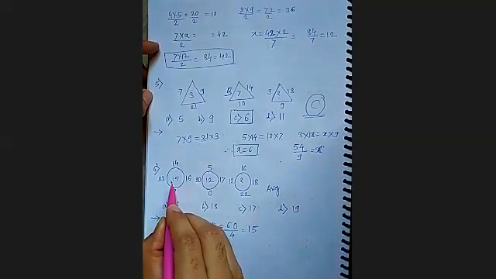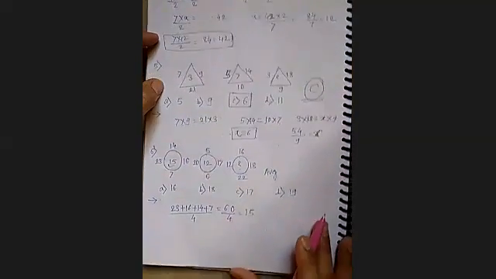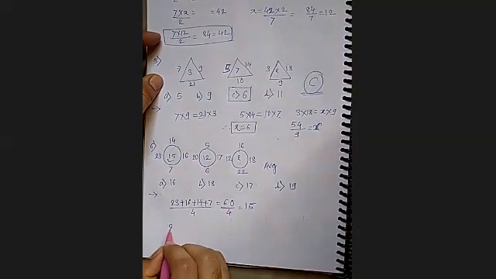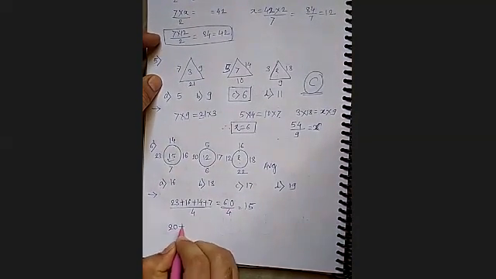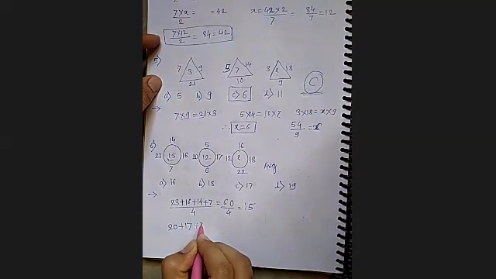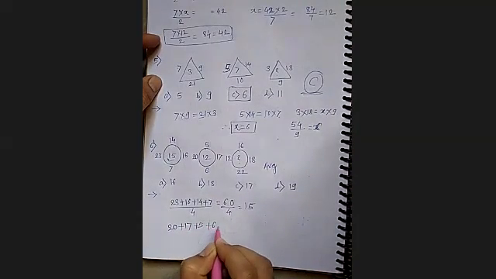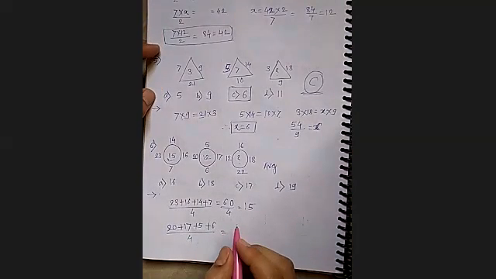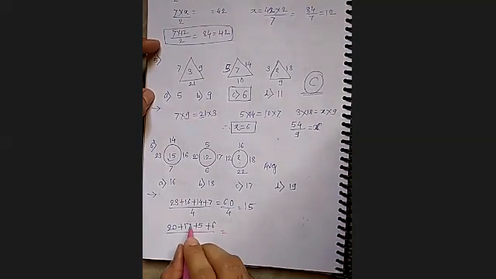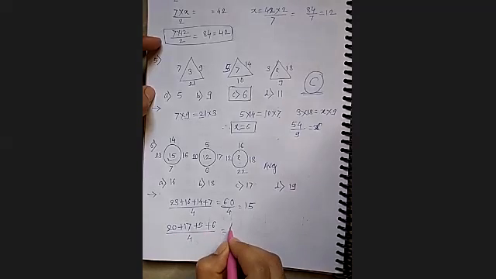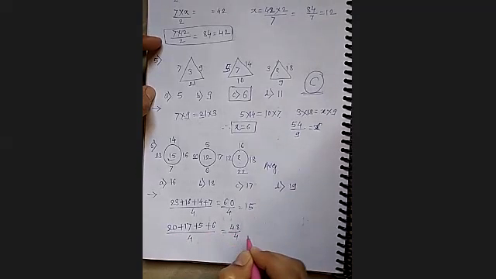So 15 is your term inside the circle, right? Let's write for the next one. 17 plus 5 plus 6 plus 20, so 48 divided by 4.